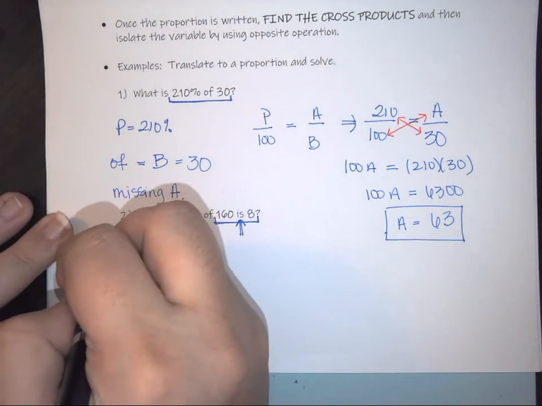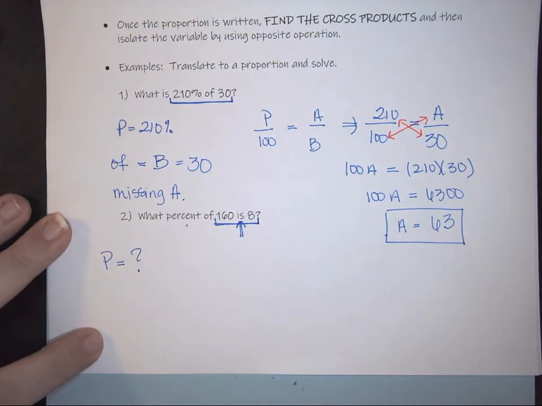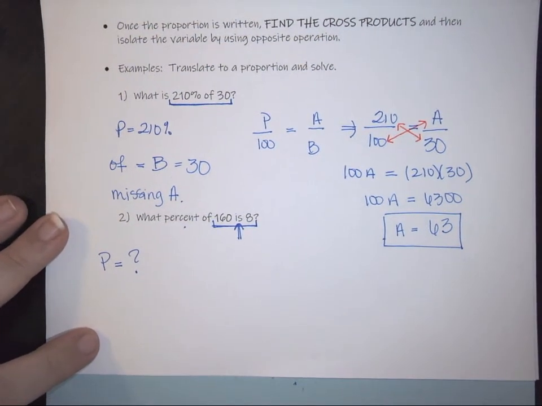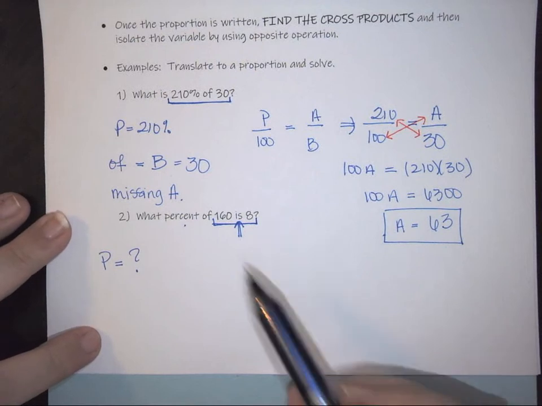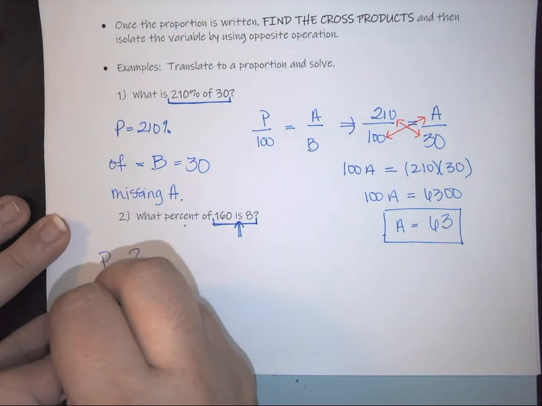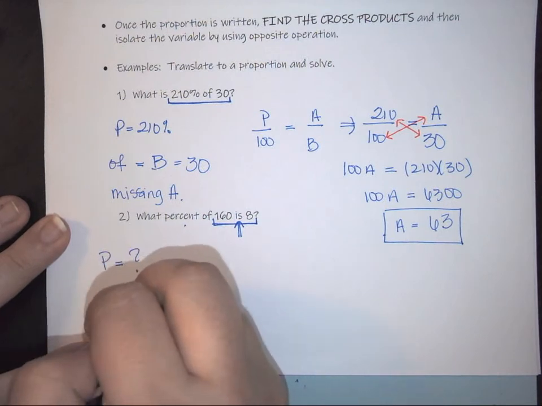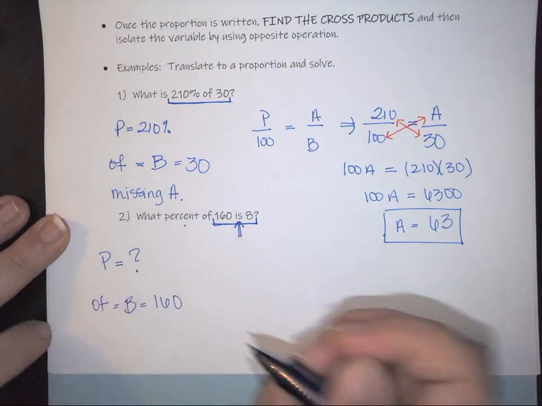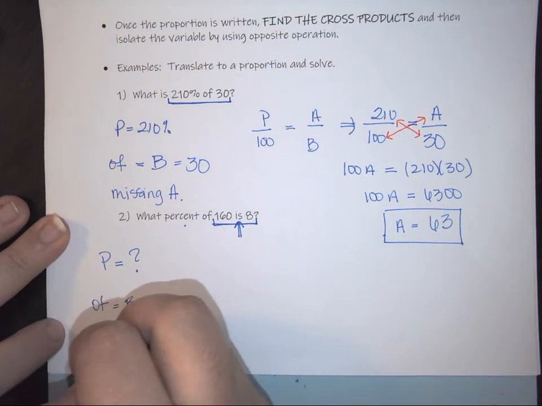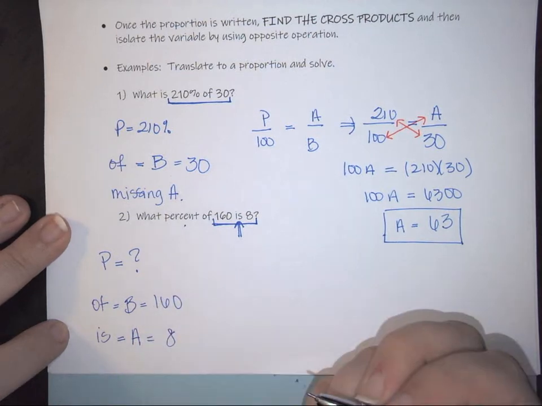So that tells you right away that P is the unknown. We have the word of, which again stands for B, so this is 160, and then we have the word is, which is our A term, which is 8.